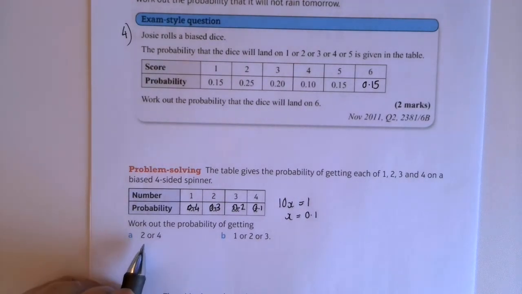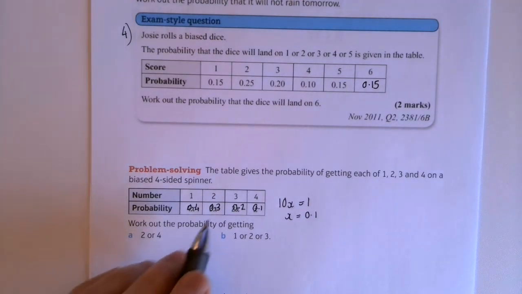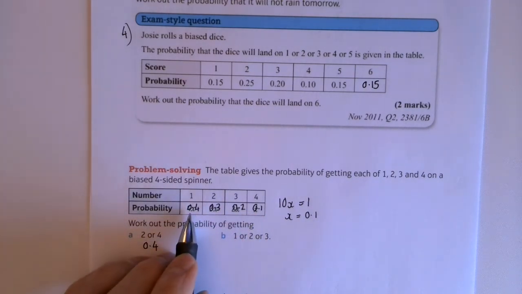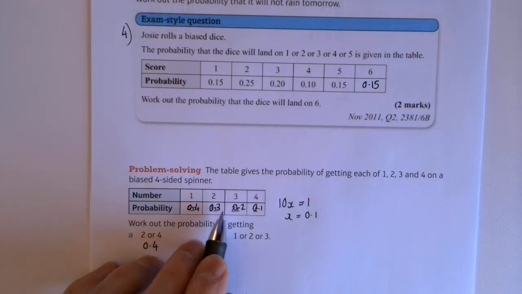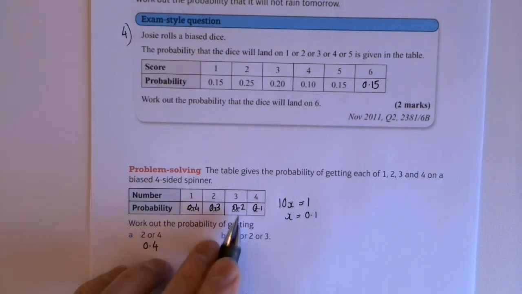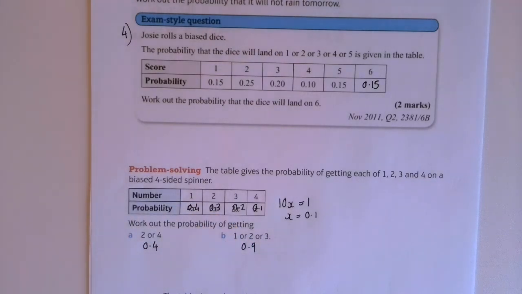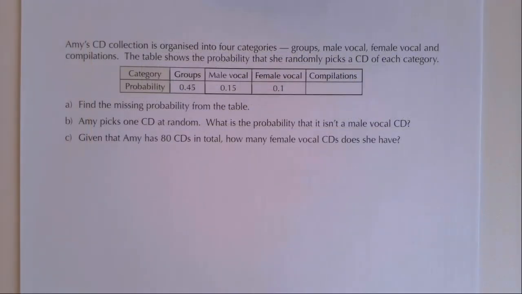Okay, having worked that out, the probability of getting a 2 or a 4, so that's 0.3 added to 0.1. And the probability of getting a 1, 2 or 3, it's everything apart from the 4, so that's 0.9. Well done if you got that.